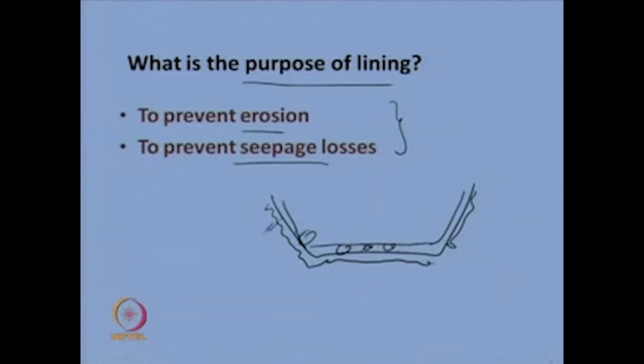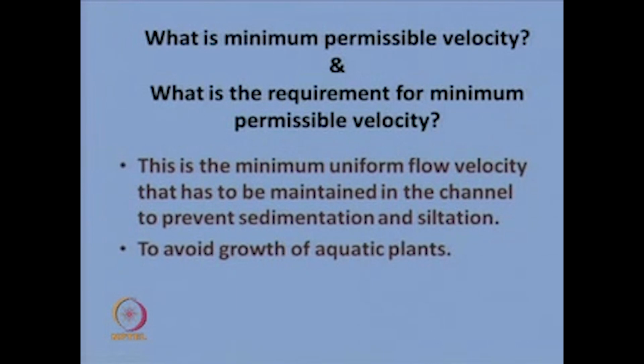Also, if water is infiltrating or seeping into the soil, and the loss of water due to such seepage is quite high, then you can avoid seepage by proper lining of the channel.